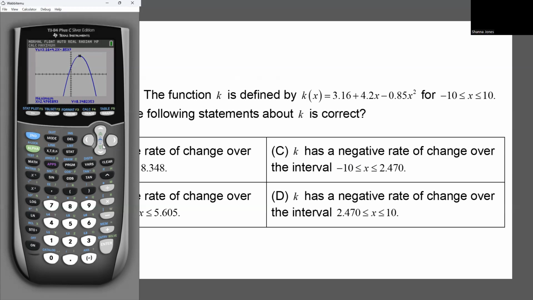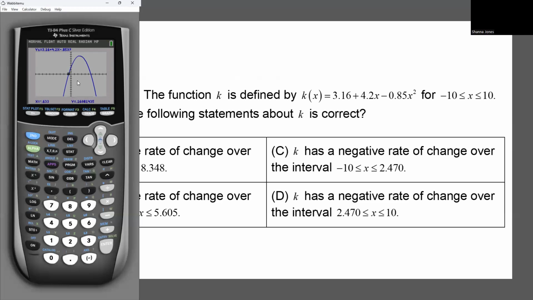So what are my true statements? Any true statements? Is it C? You think C is a true statement? No. So if I go to C, C is telling me from, what was the value? Negative 0.63.